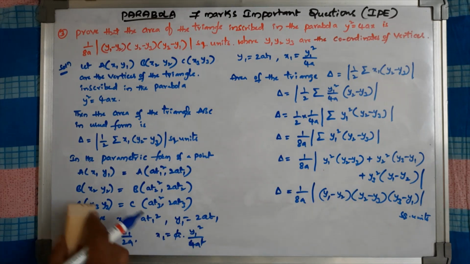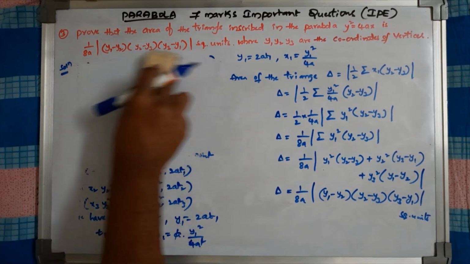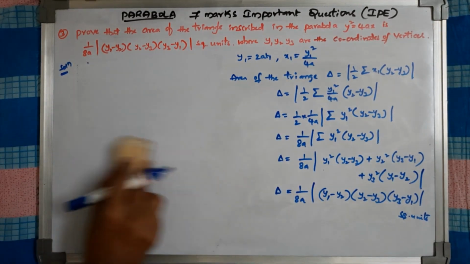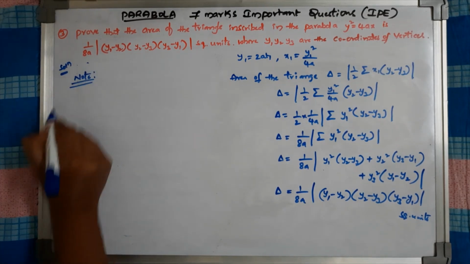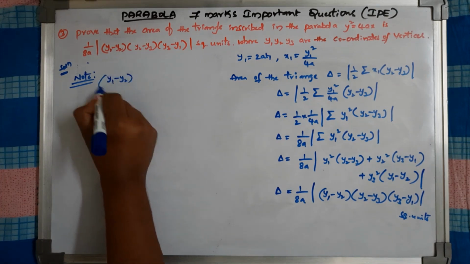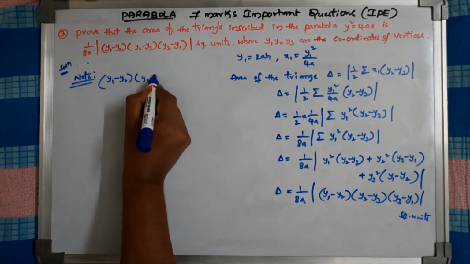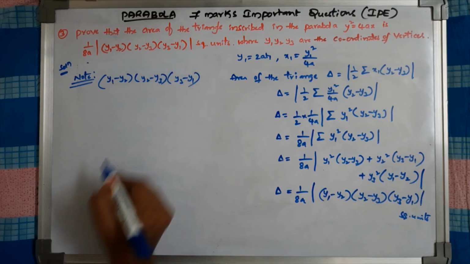Okay, right. Here take the note: (y1 minus y2) into (y2 minus y3) into (y3 minus y1).